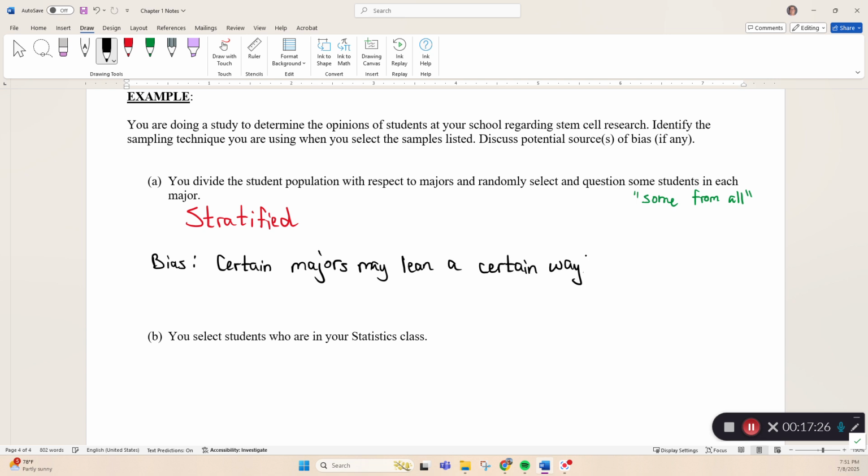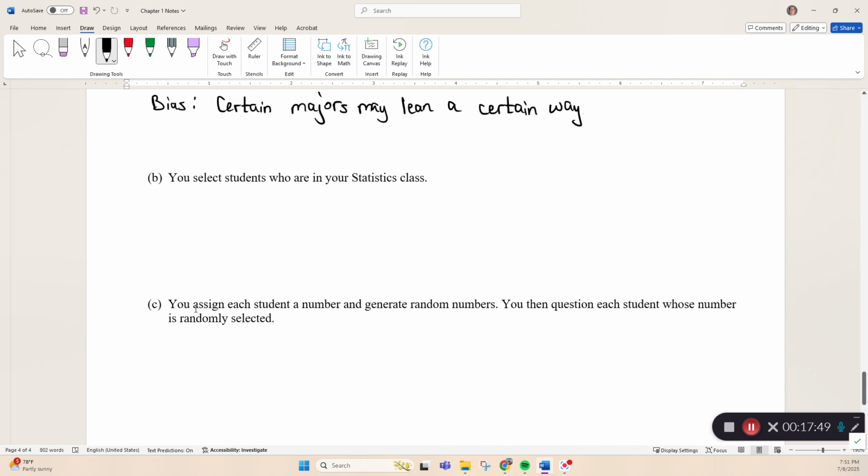So maybe your biology, pre-med, whatever, those majors may say, oh yeah, stem cell research, good, let's do it. Others are like, no, I don't know anything about it, it's bad, don't do it. So that could be a bias. That's why we're getting some from all majors to help overcome that bias.